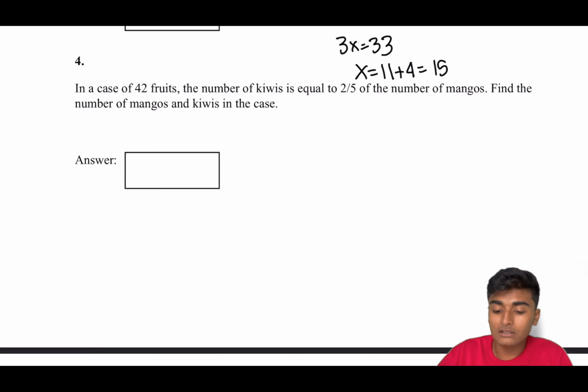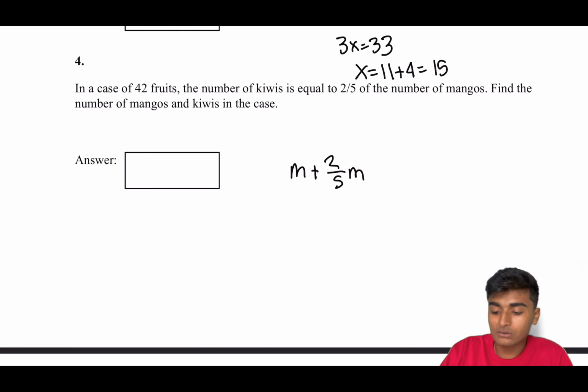So we can set the number of mangoes equal to m. And since we can add that to 2/5 m, since the number of kiwis is 2/5 of the mangoes. So 2/5 m would be 2/5 of the mangoes.